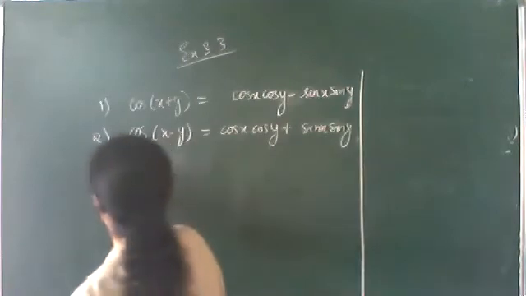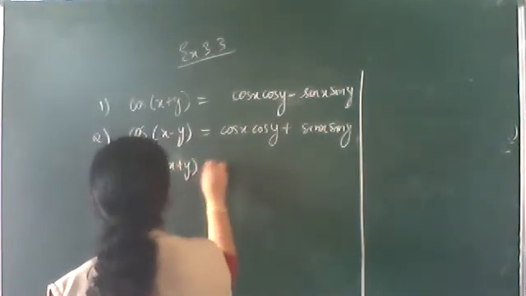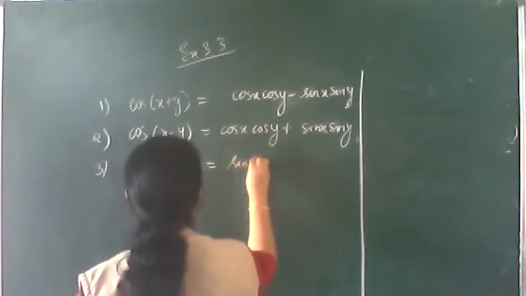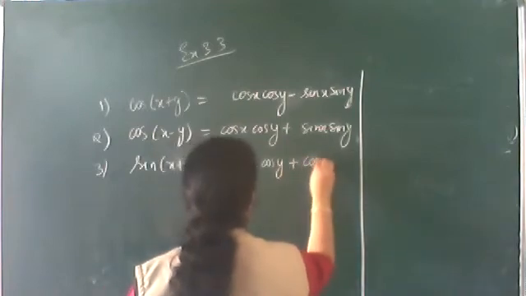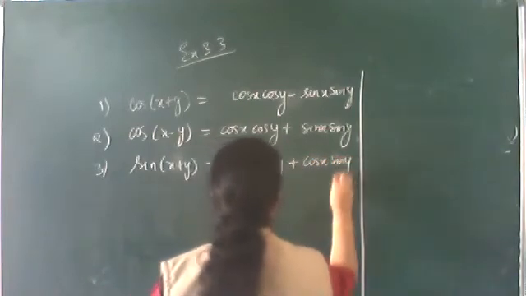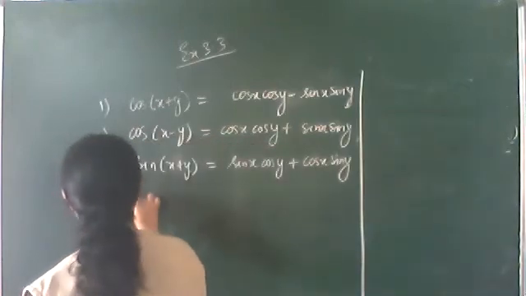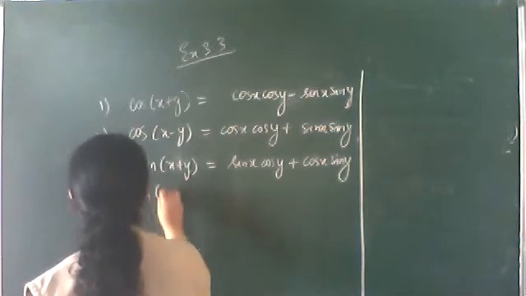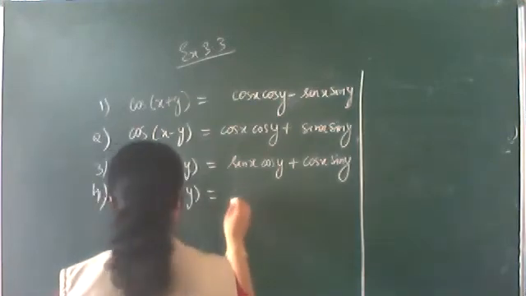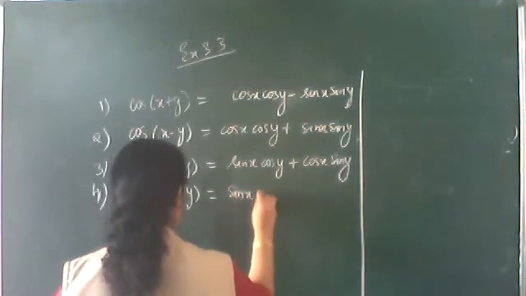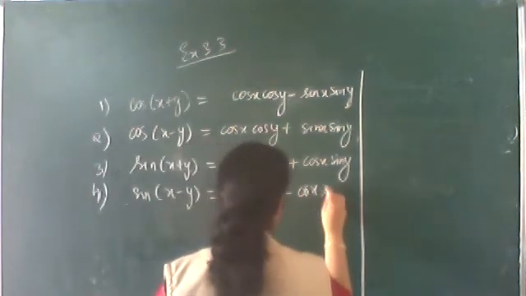Then third one is sine of x plus y. This can be written as sin x cos y plus cos x sin y. Same way, sine of x minus y can be written as sin x cos y minus cos x sin y.